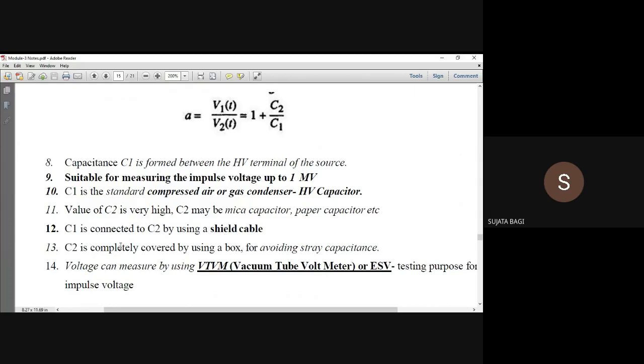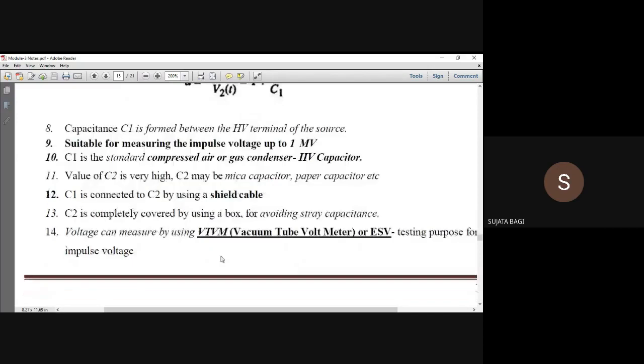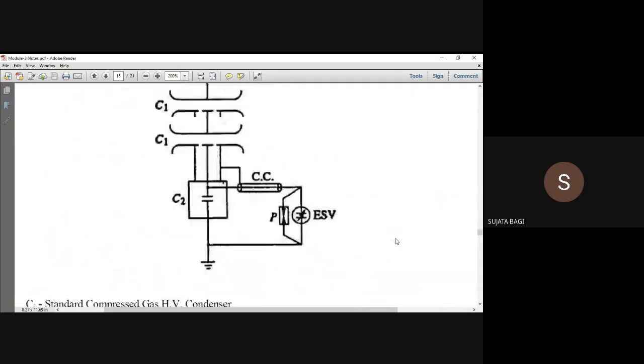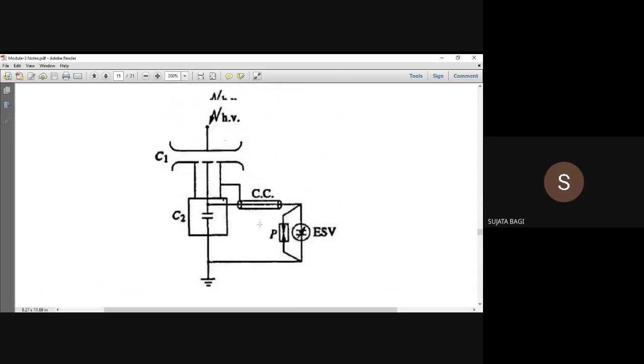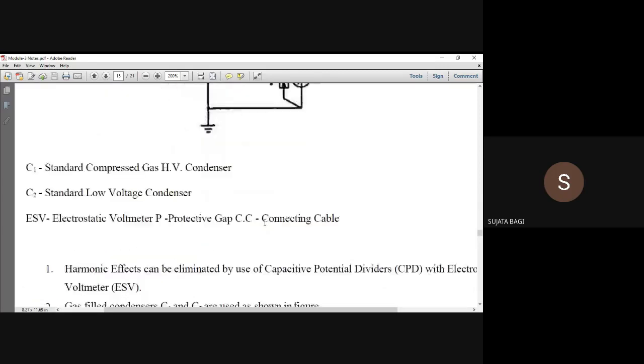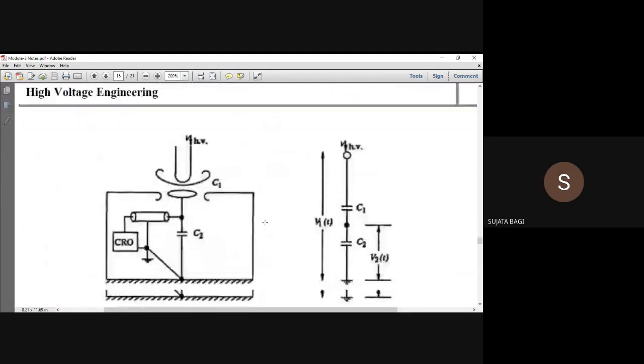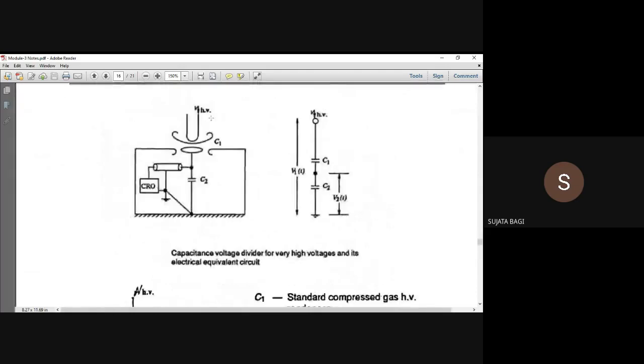C2 is covered by a box to avoid stray capacitance, and the voltage can be measured by using a vacuum tube voltmeter or an ESV, the electrostatic voltmeter. This is all about the capacitance potential divider. The same diagram can be drawn like this also. Here we are using C1 and C2, this is the cable, and this is the CRO, with the total voltage and the voltage across C2.